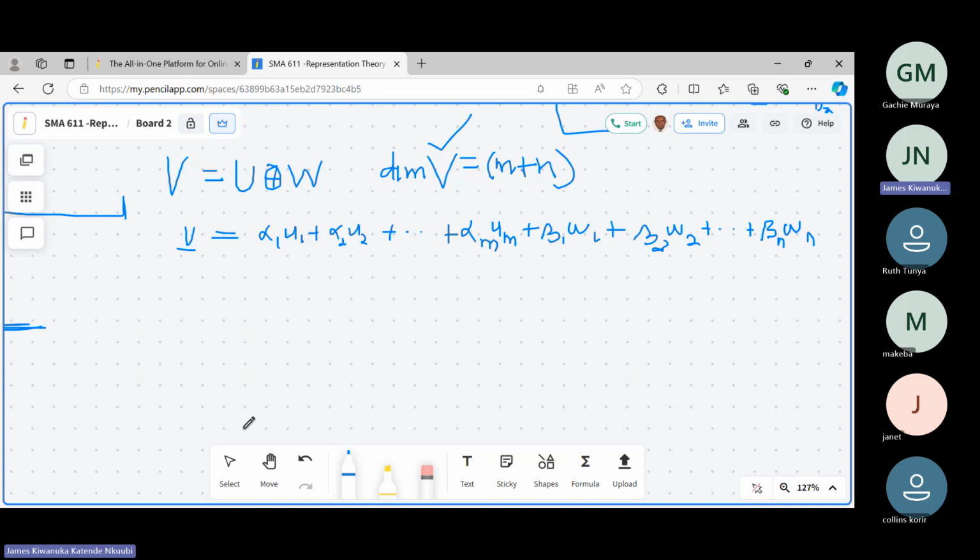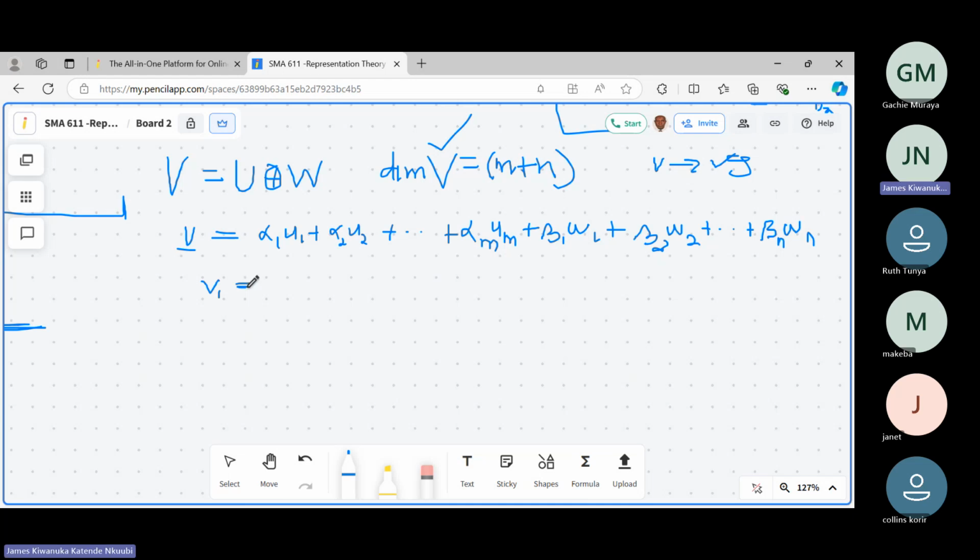So if you want the matrix for this linear transformation, the linear transformation that goes V to V, g. Now, since Vg is just in V, you'll need to get the image of each basis vector.